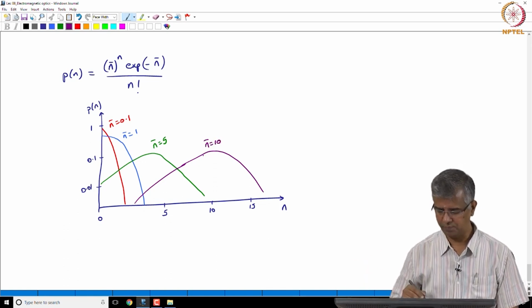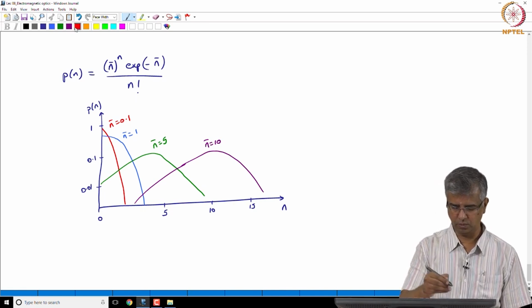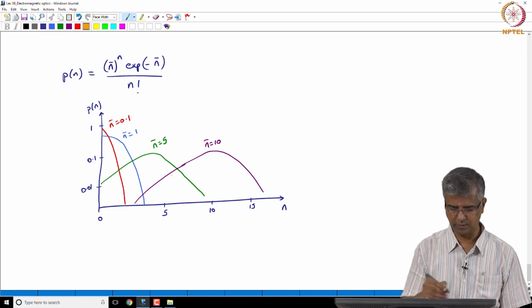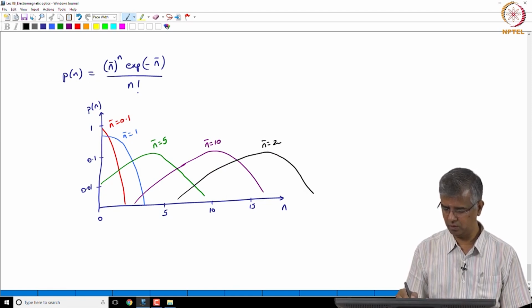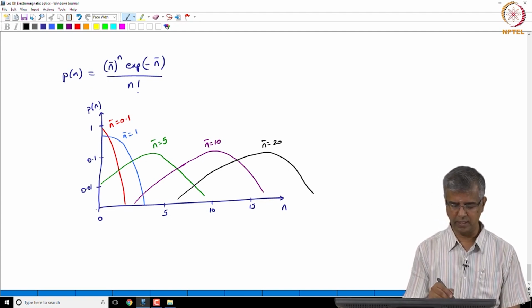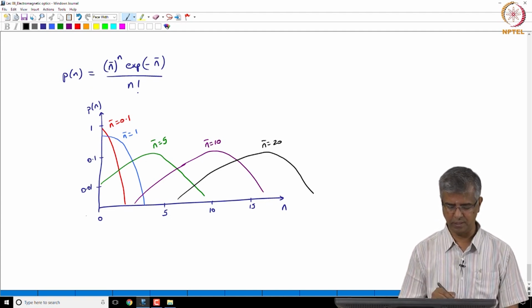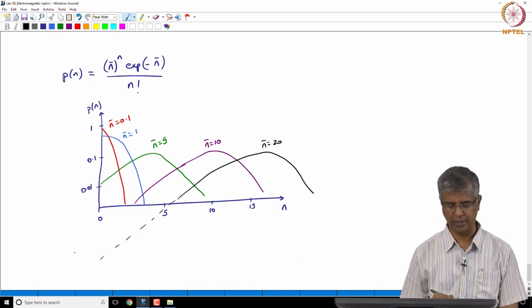and if I still go on to what we are looking for, n bar of 20 would probably have looked like this. Of course, we have a scale here, the y scale, where we have only up to 0.01, but if you just extrapolate over here, you will find that it goes to a fairly low value.